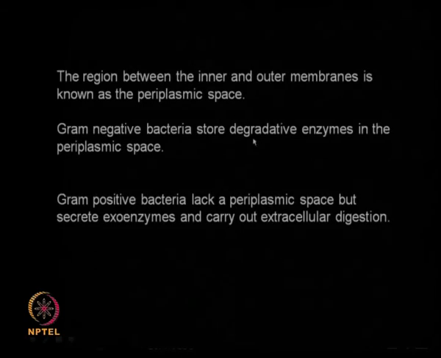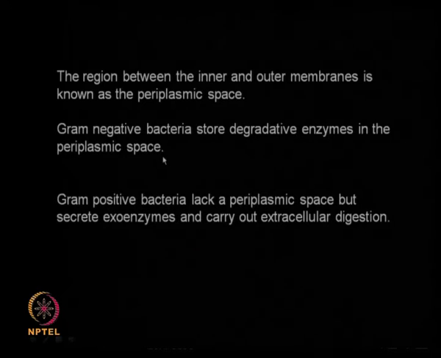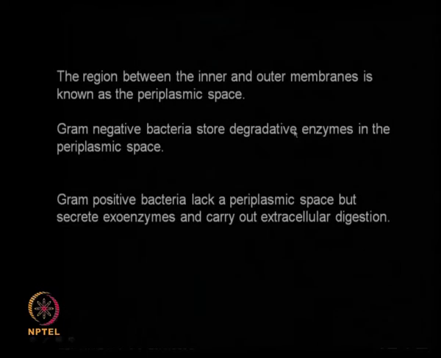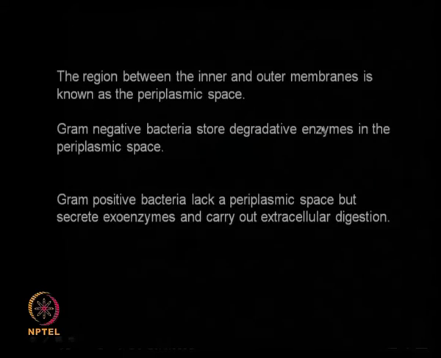Gram negative bacteria store degradative enzymes in the periplasmic space because they do quite a lot of degradation of the various carbon sources extracellularly. So they store the degradative enzymes which get released in the extracellular space for degrading the carbon source.